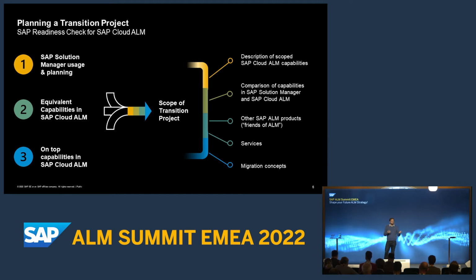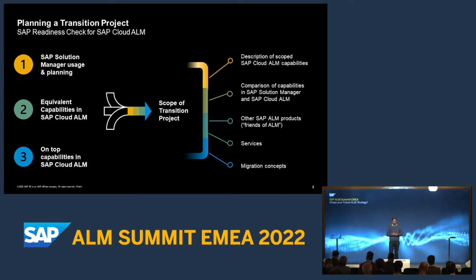Also, what are other capabilities that SAP Cloud ALM brings? Because we know SAP Cloud ALM comes with new features and also supports additional SAP products. So we will also show this information and give you these insights.